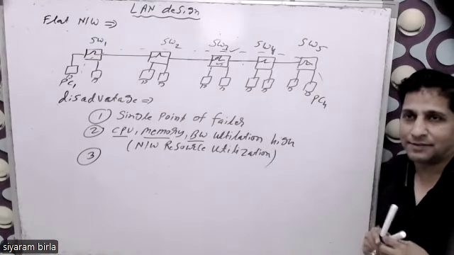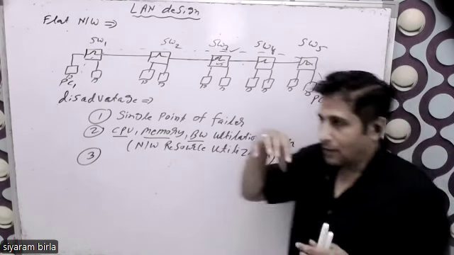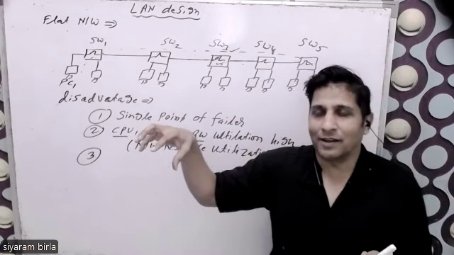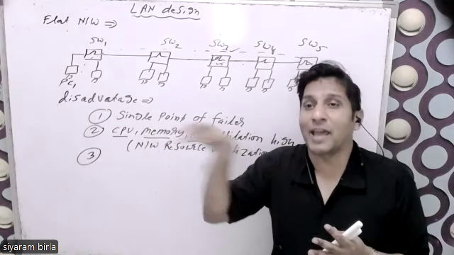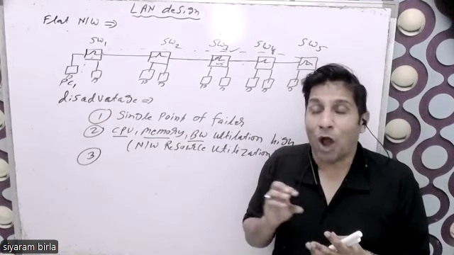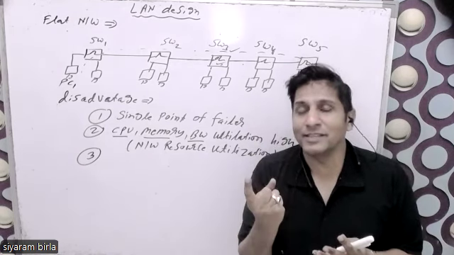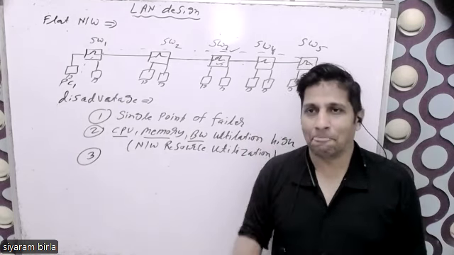variable latency. What do you mean by latency? Latency means, from the source to destination, how much time a packet will take. That time is called the latency. That time is called the delay.